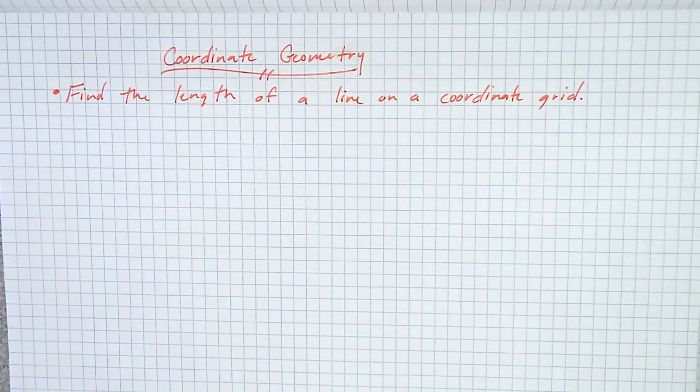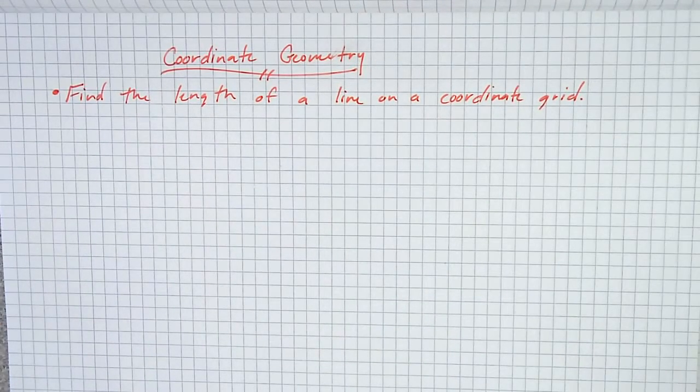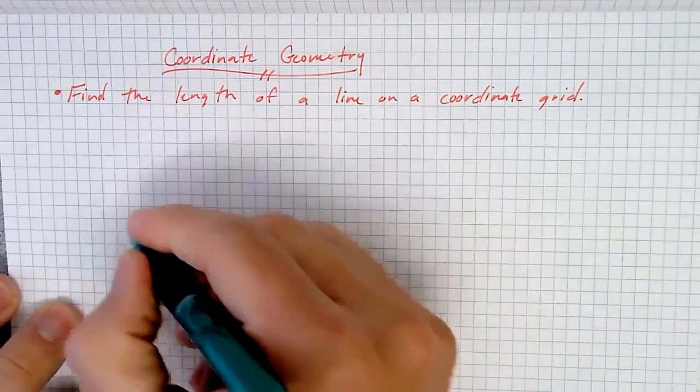Okay, first one, finding the length of a line on a coordinate grid, which we've kind of already done before.